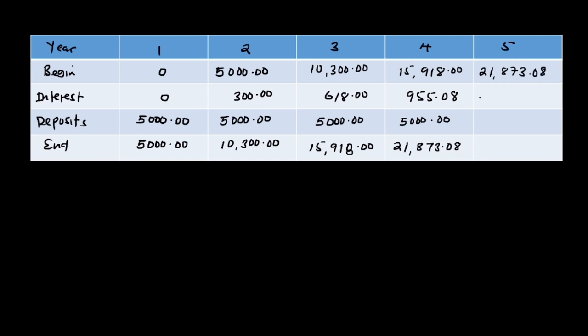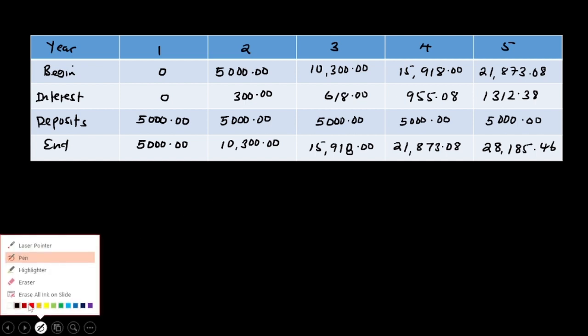Fifth year, 21,873.08. The interest of that would be 1,312.38. Then you deposit your other 5,000 at the end of the year. When you add all that, it's going to give you 28,185.46.